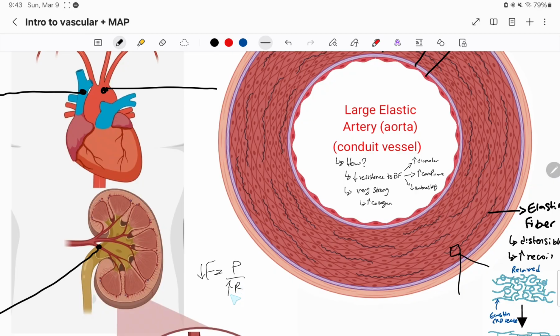So what needs to happen is it needs to have a low resistance so that the flow remains high, okay? And the reason why this resistance is down is because it's got a high diameter, a high compliance, and a low contractility, okay? Because think about it, if it had a high contractility, these smooth muscle cells would actually squeeze on the diameter and make the diameter smaller, okay?